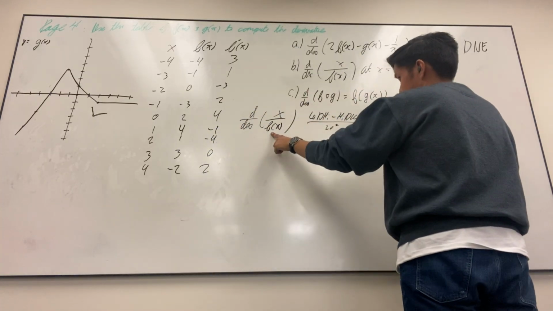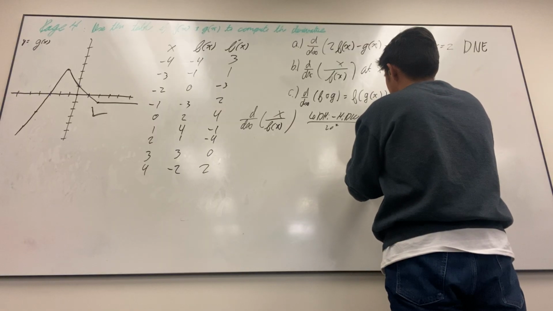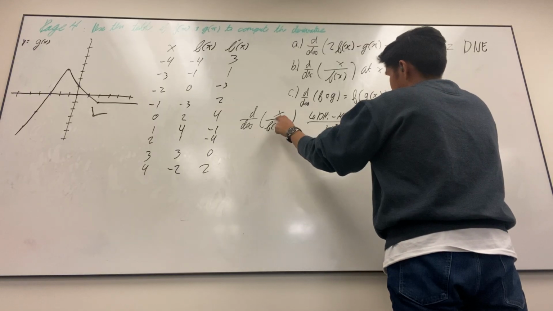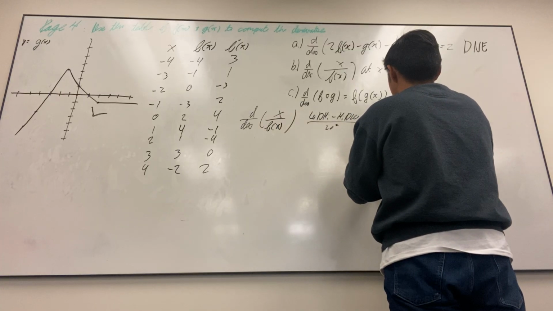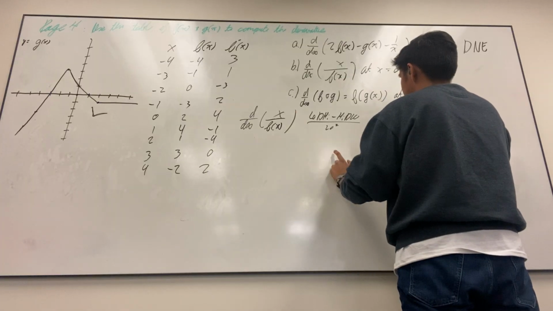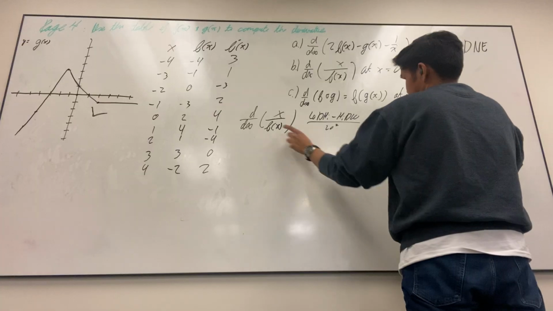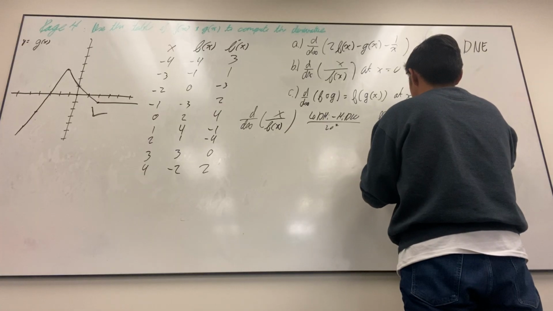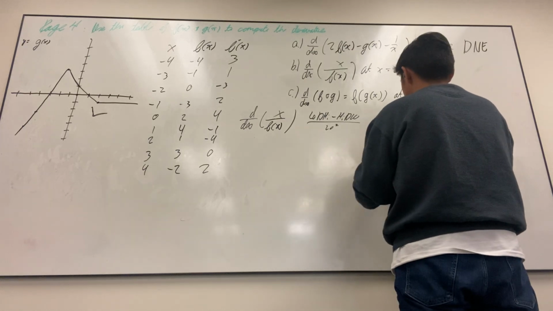This means you take the denominator, so f of x, which is your low, times the derivative of the top function, which is x, so the derivative of x is 1, minus the top function x times the derivative of the bottom, f prime of x, over f of x squared.